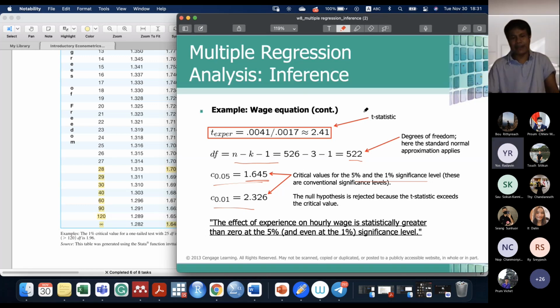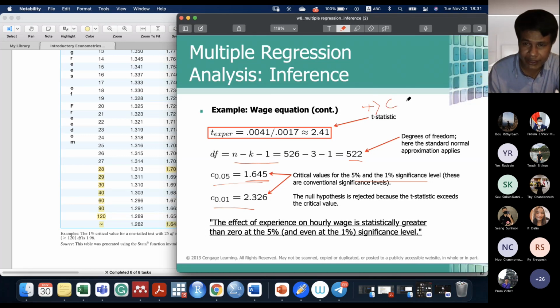Teacher, if it's bigger than 5%, is it significant or not? So again, if t here is bigger than c, we reject the null hypothesis. When we reject the null hypothesis, remember what the hypothesis is: the null hypothesis states that delta J equals 0. So if we reject the null hypothesis, we say that the null hypothesis, stating that experience has no effect on wage, is not true.